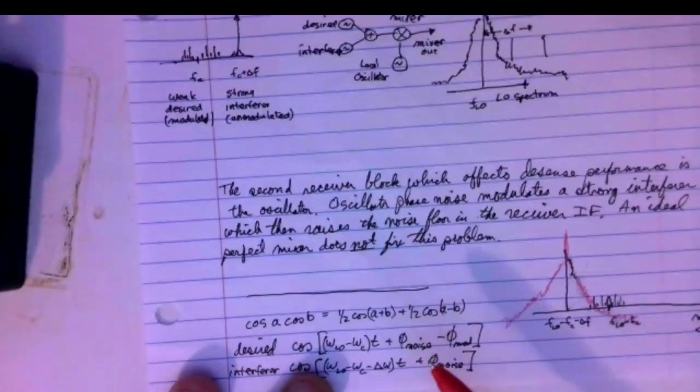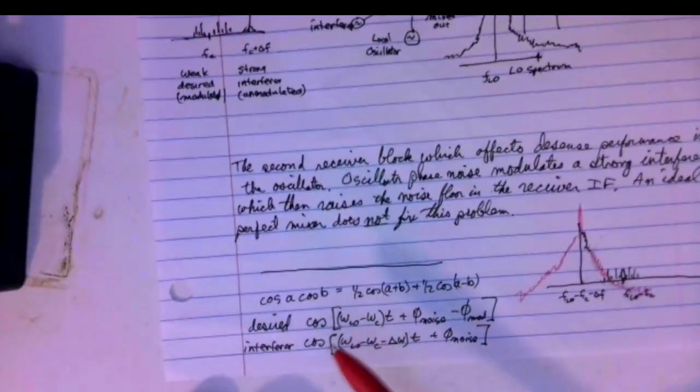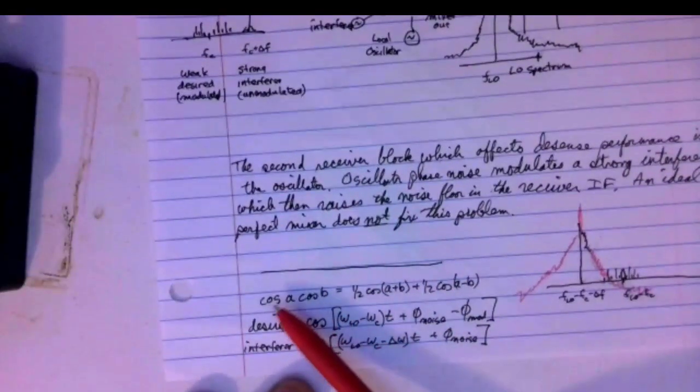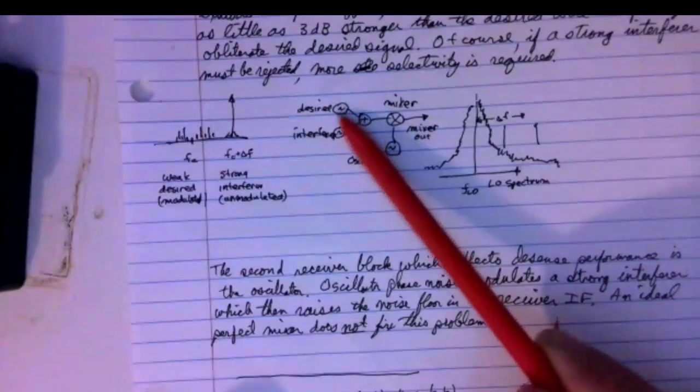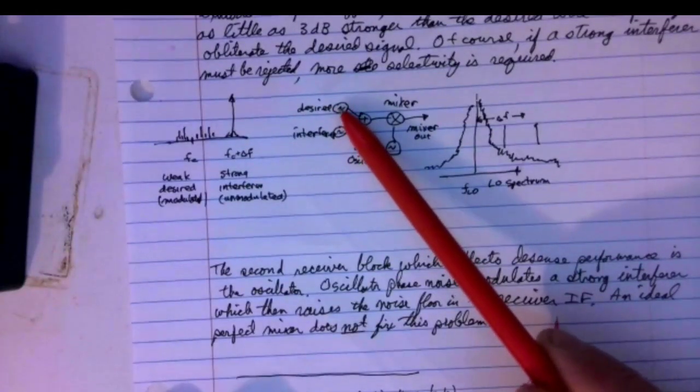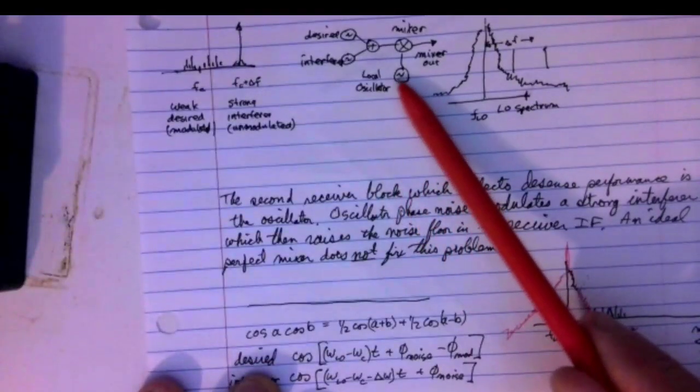All right, so what's the math here? Real quick. Product of two cosines. We're going to assume that this is an unmodulated cosine, this is a modulated cosine, and then this is a noisy cosine.